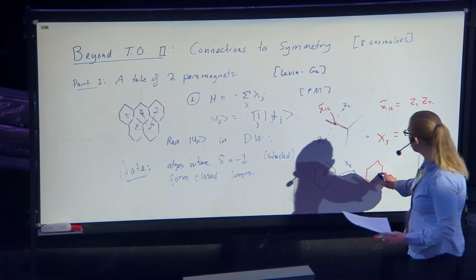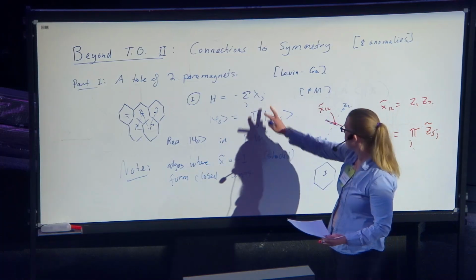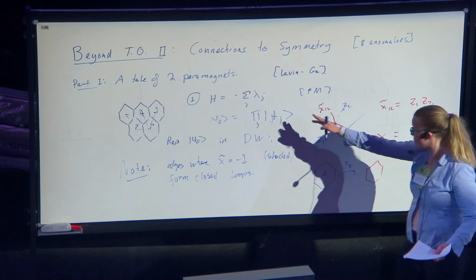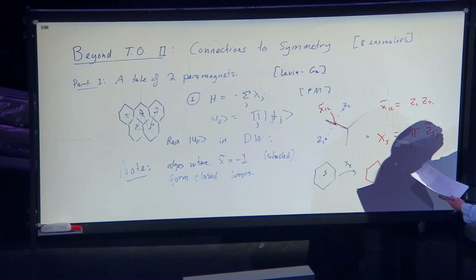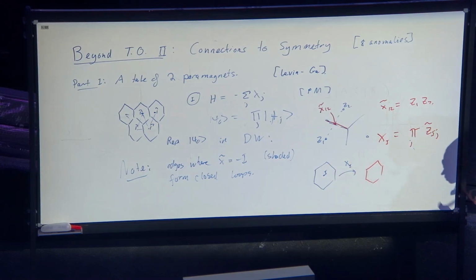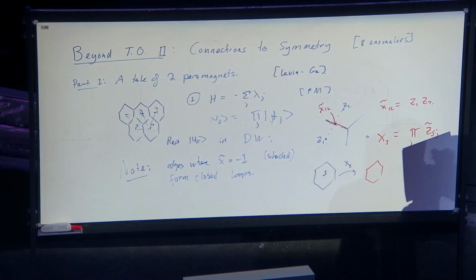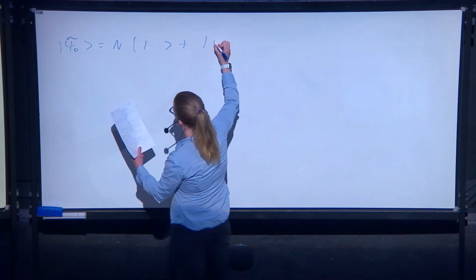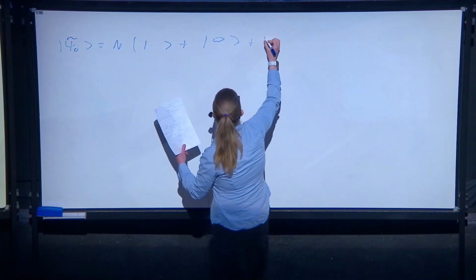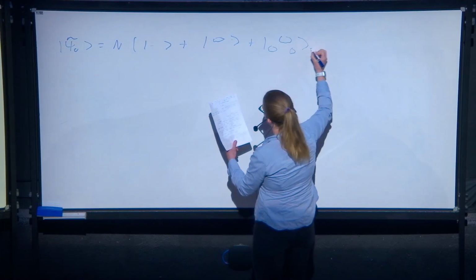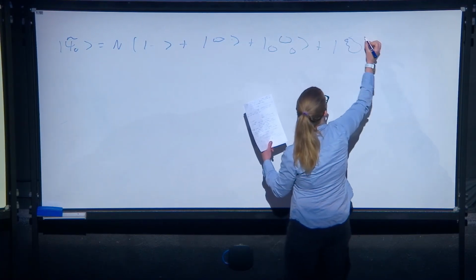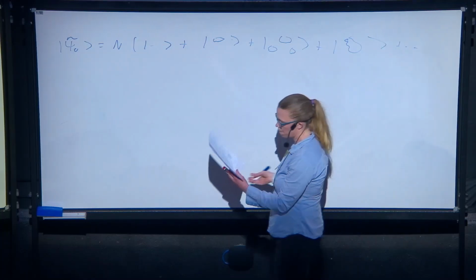From here we can see that if you want to be in an eigenstate with eigenvalue +1 of x on every site, then we can write down our ground state in this domain wall representation. Up to some normalization, it looks like the state with no domain walls plus a superposition, with relative plus signs, of all possible domain wall configurations. Okay? It's not equivalent.